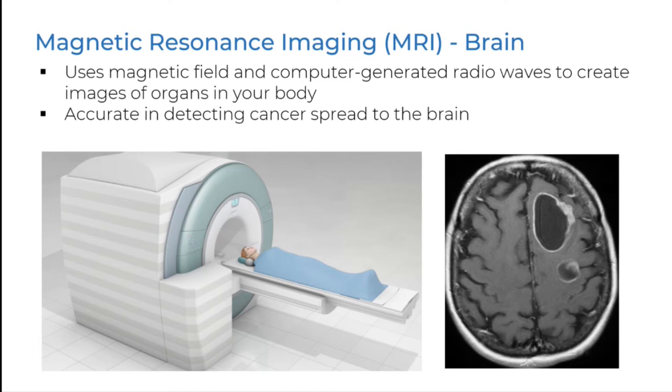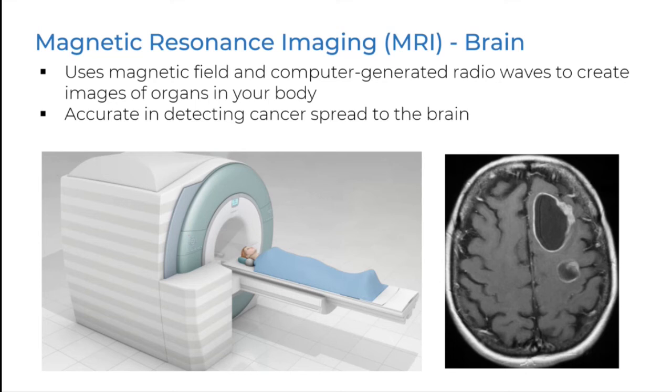So that's why it is very routine, even in patients who do not have any symptoms of headaches or changes in vision or neurological symptoms, to get the brain scan done. An MRI uses a magnetic field and computer-generated waves to create images of the organs in the body, and it's very accurate in detecting whether the cancer has spread to the brain.